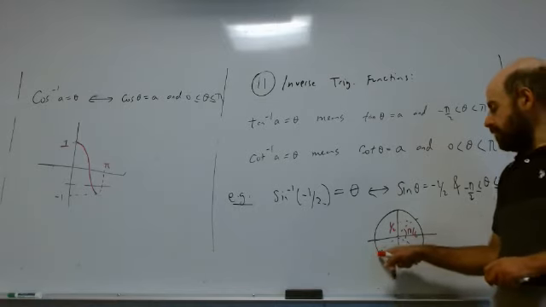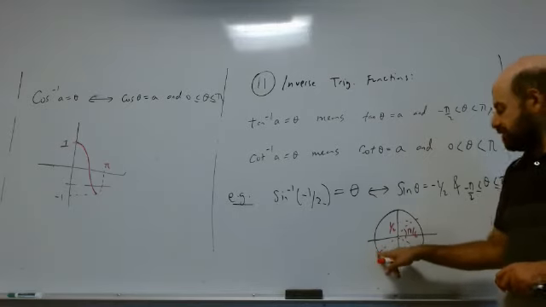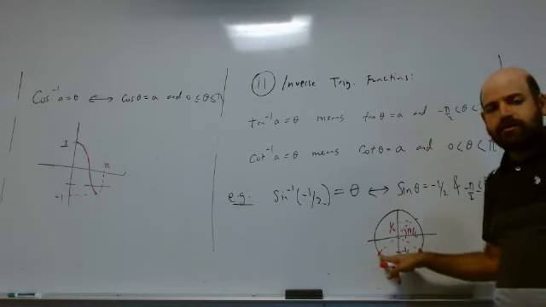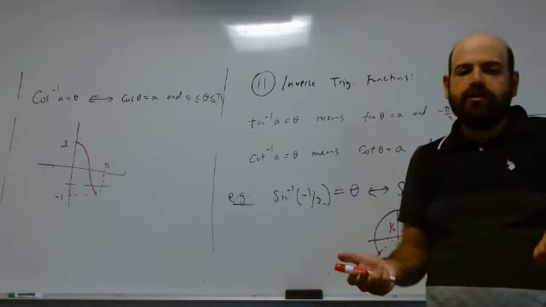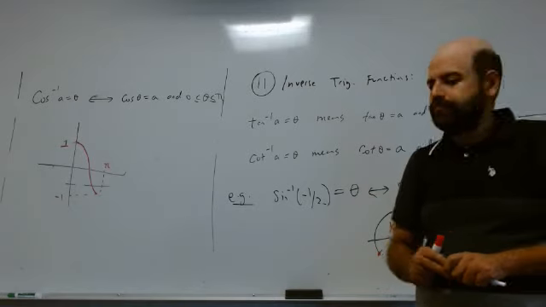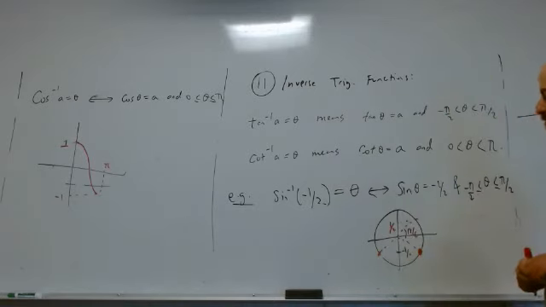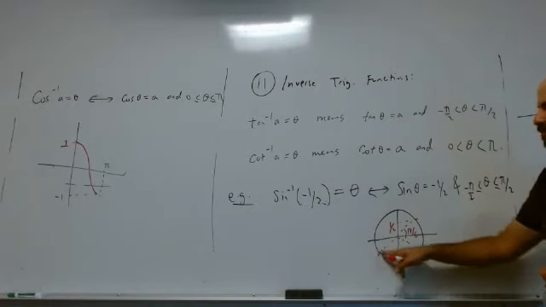Another one, let's say 2 pi plus pi over 6. This is pi plus pi over 6, but if I add 2 pi to it, I will still have the same location. Remember, we said adding 2 pi means rotating a full circle once. So you'll still be in the same location.